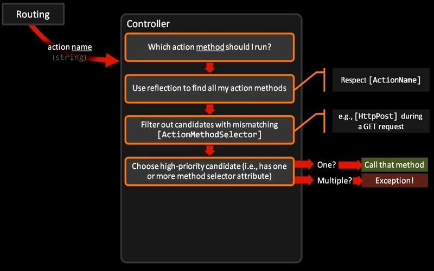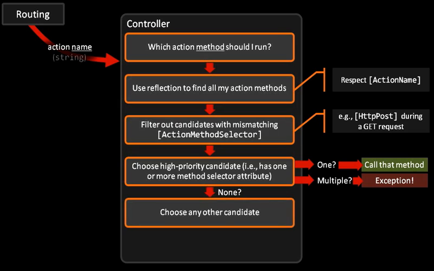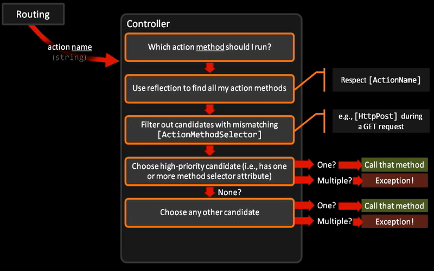But if there are multiple high priority candidates, this is an ambiguous match and it terminates with an exception. And if there weren't any high priority candidates, it will fall back on using candidates that don't have method selector attributes. Again, if you've got exactly one, it will use that, and if you have more than one, it's an ambiguous match.